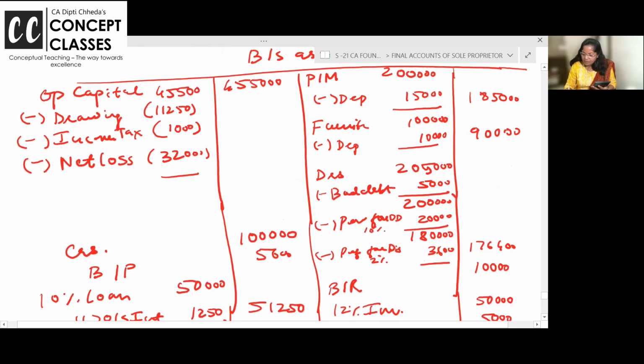Opening capital also we should write in the inner column. Are you all with me? It's a slightly bigger problem, but very good for practice. 4,55,000. In 10 minutes we have done the problem from the institute's material.